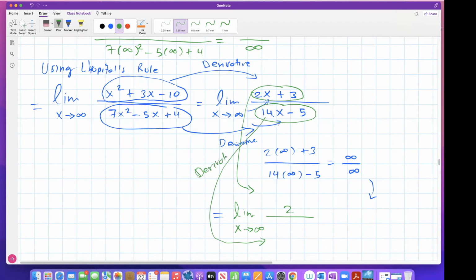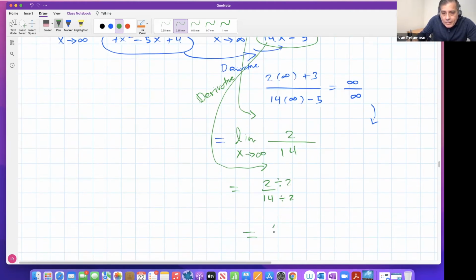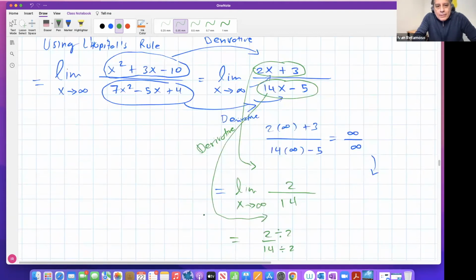Apply L'Hopital's rule again. Now no trouble, right? So the limit is just 2 over 14. Be nice and simplify, mathematicians will appreciate it: 1 over 7, because they always post the answers in simplified form. So 1 over 7 is the limit of this function.